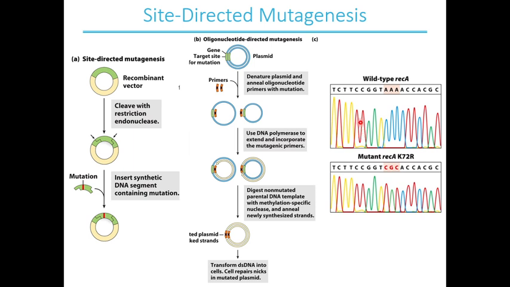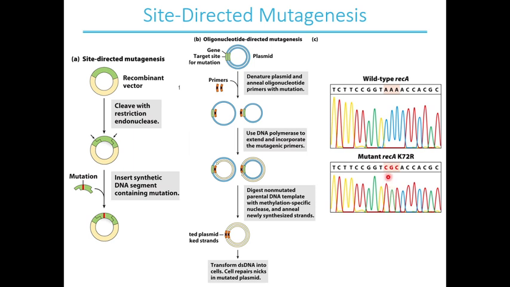So, in mutating wild type to a mutant, one can actually sequence and obtain the sequence results from an automated sequencer. And this is showing the mutated sequences in the bottom.